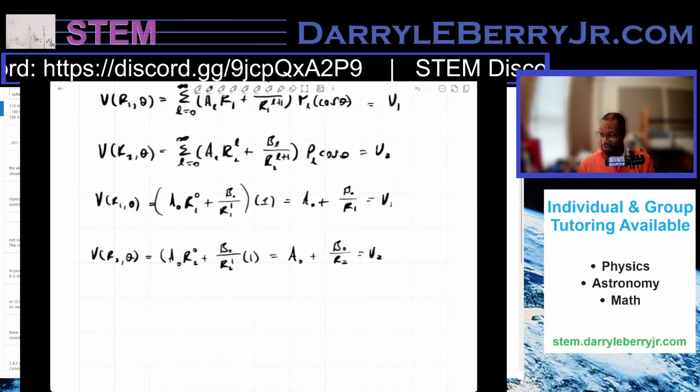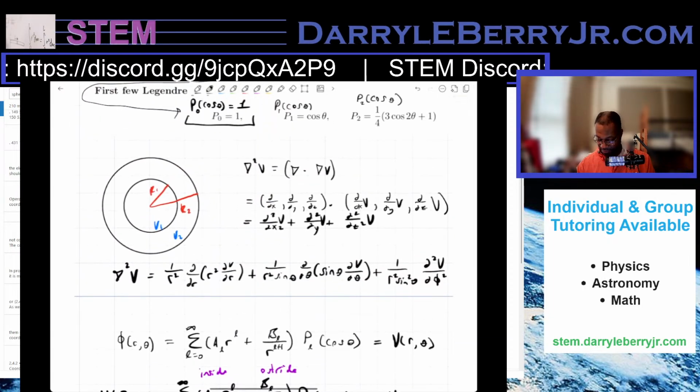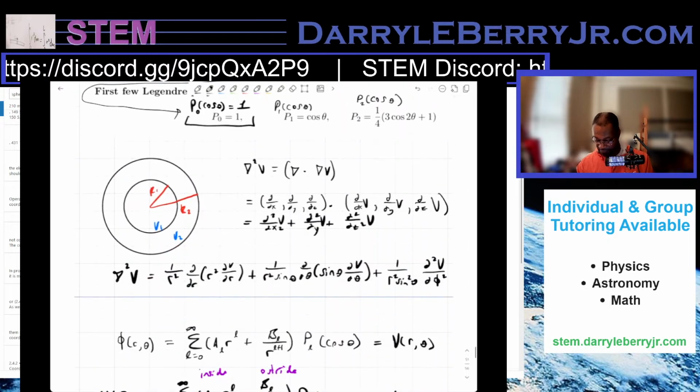And again, we have this worked out because we have two spherically symmetric conducting shells.